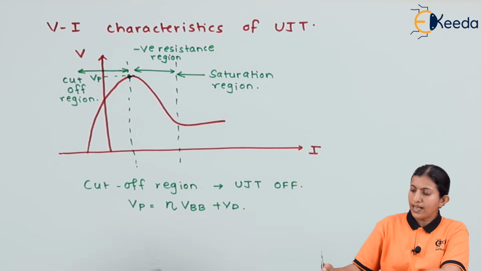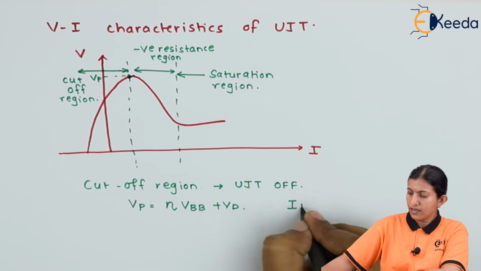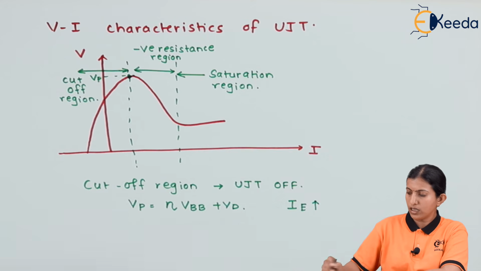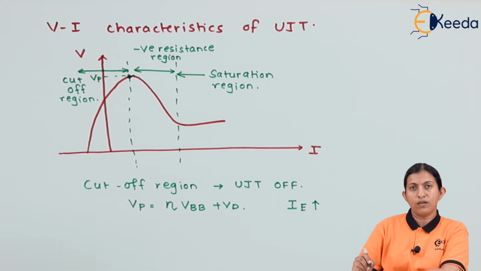Then as the current increases due to the supply voltage, the maximum number of holes will move from the P region to the N region, that is from the emitter region to the base region.